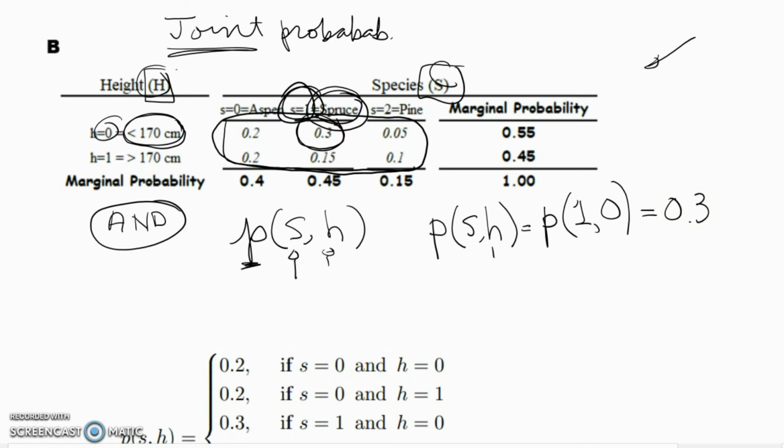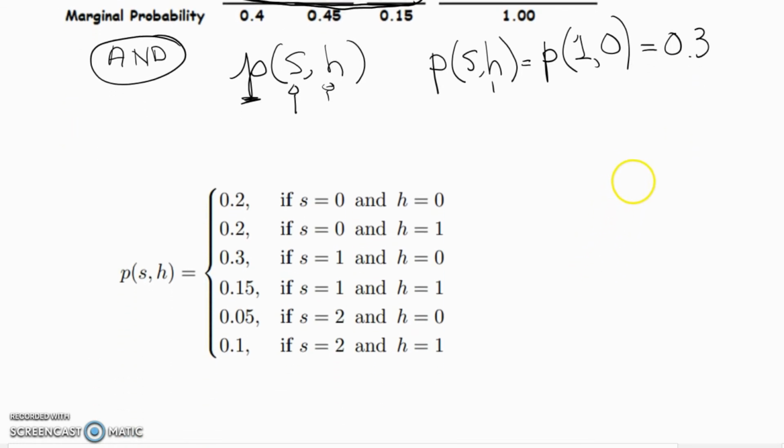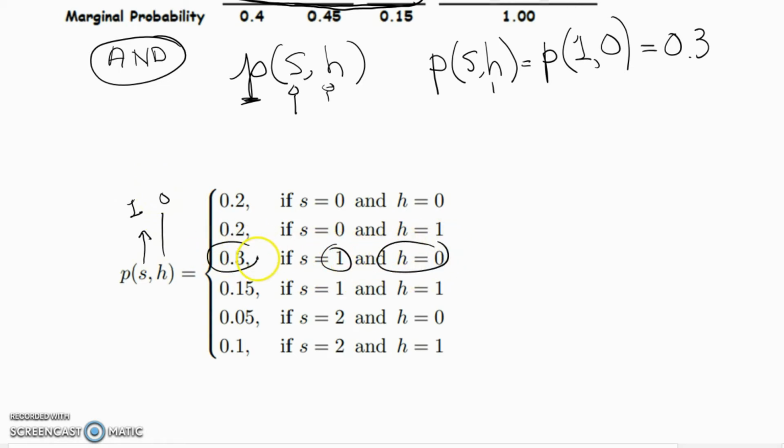And so we've got an alternative representation that's shown in your notes, and you can see that here. If we substitute 1 here and 0 here, we get that value of 0.3. So that's the essential concept of joint distribution.